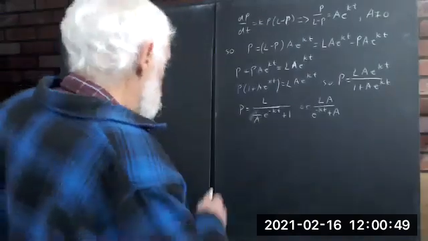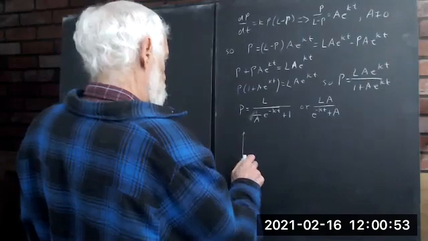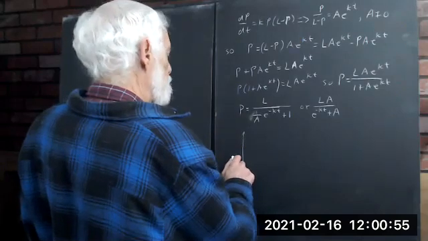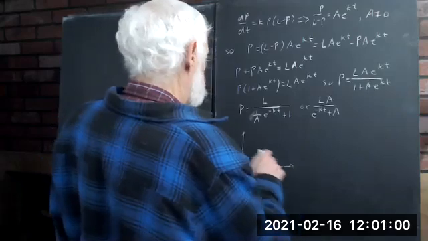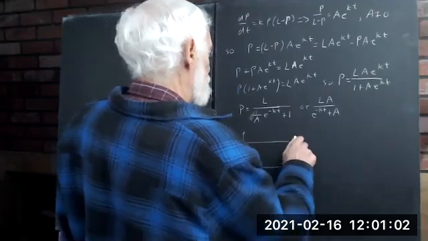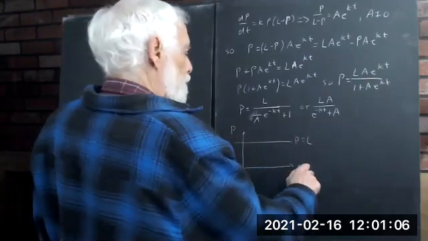If you graph the solution, then depending on your initial conditions, here's P equals L, population here, time here.